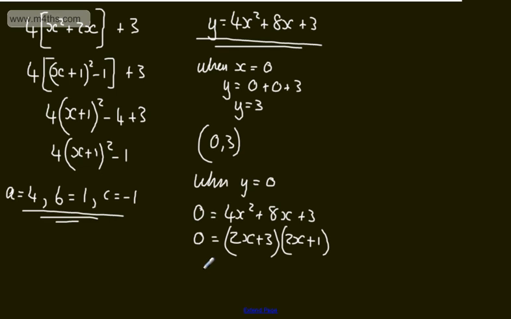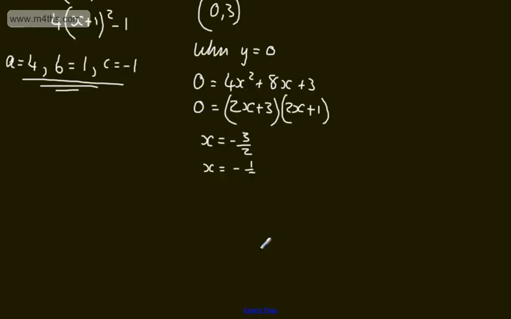Therefore we can say that x will be equal to either minus 3 over 2 or x will be equal to minus 1/2. So we're going to have now the coordinates (minus 3 over 2, 0), and (minus 1/2, 0).